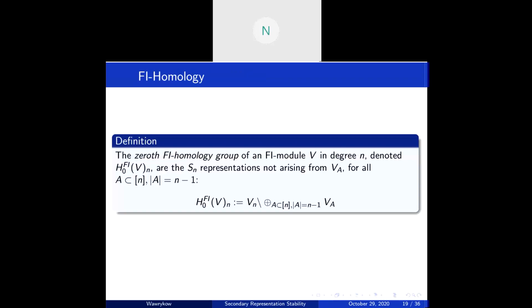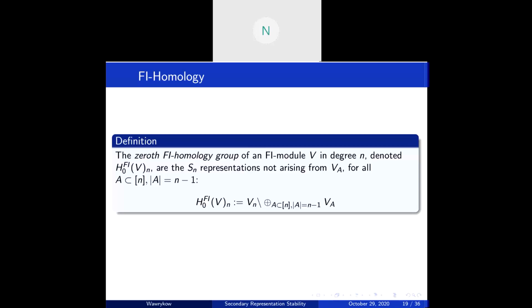The 0th FI homology group of an FI-module V in degree n, which we're going to denote H_0^FI of V_n, is the S_n representations not arising from the S_{n-1} representations. These are the new interesting things that happen in degree n that don't happen because something really similar happened in degree n minus 1.